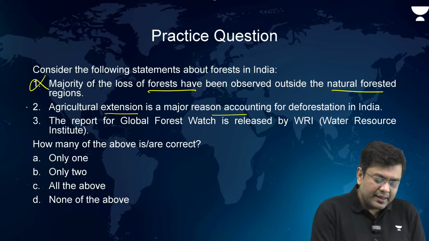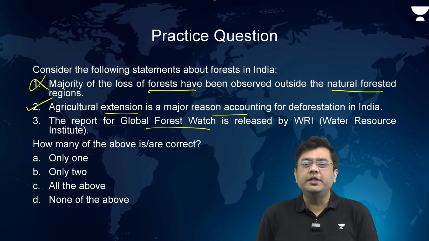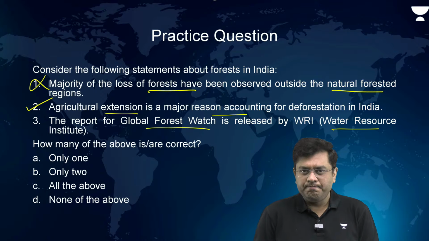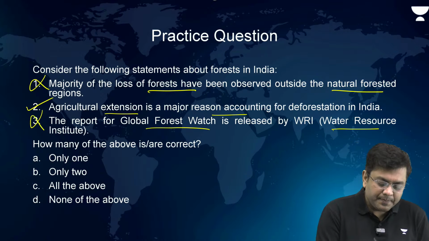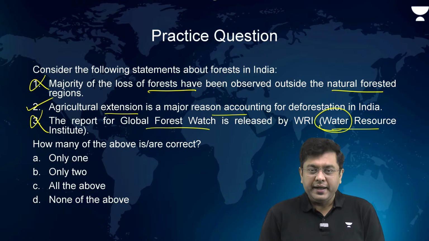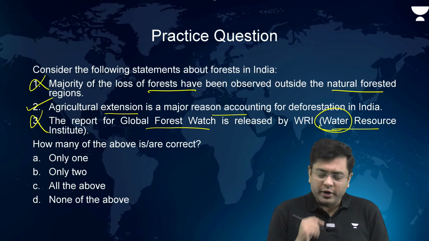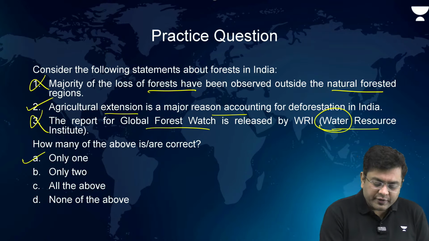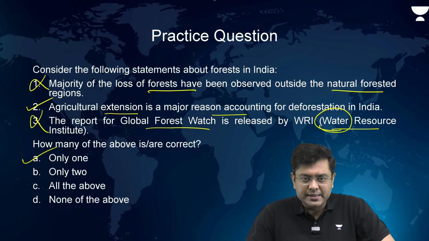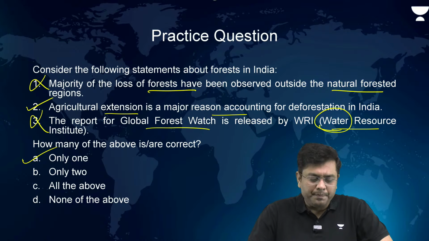Is that correct? Yes. The report for Global Forest Watch is released by the Water Resource Institute. Is that correct? No. So read the statements carefully. It is released by WRI, World Resources Institute, not the Water Resource Institute. So here, which of them are correct? A, only one becomes correct, right? So all those who have given the answer A, good job.